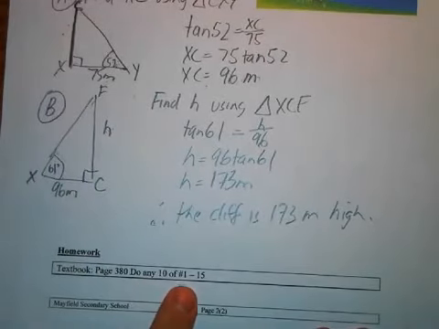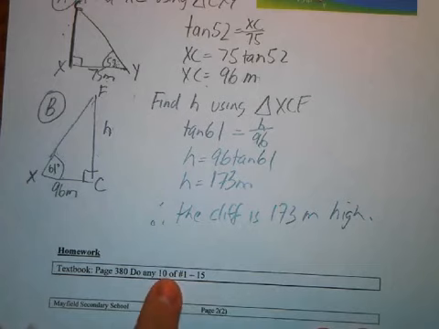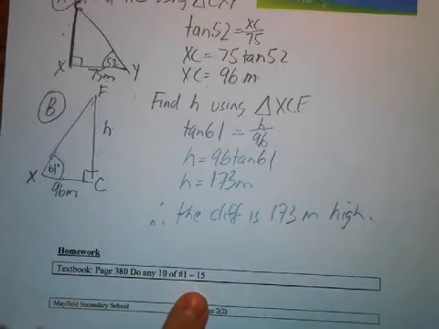These are all word problems, so I would just ask you to look through them, pick a few to try before you look at what I did, because if you look at the solutions before you actually try it, it seems too obvious. Oh yeah, I would have done it that way too. But if you don't see my solution and you tried it by yourself, it's a little more difficult. So it's important to go through the learning process of trying it yourself first, rather than just looking at my answers and going, oh yeah, that makes sense.